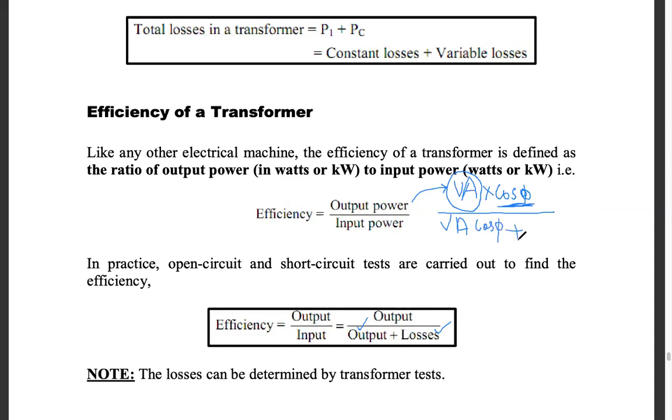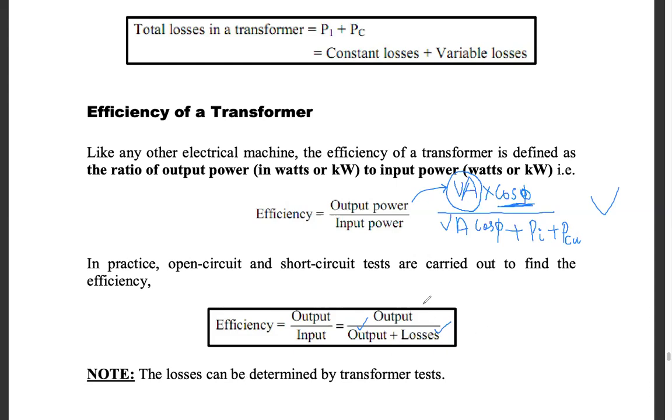Now, what are the losses we have seen in the transformer? We have seen two types of losses: first the iron loss, and second the copper loss. So this formula we can use for finding the efficiency of a transformer.